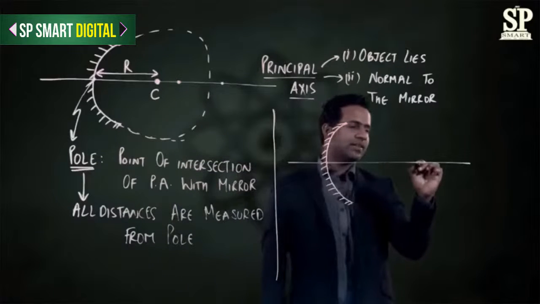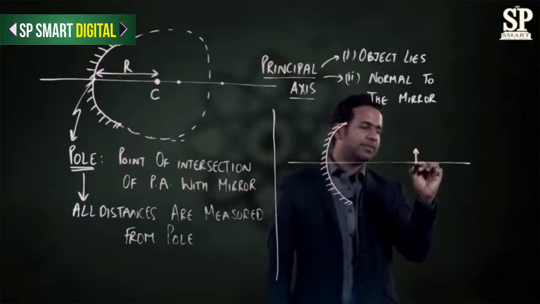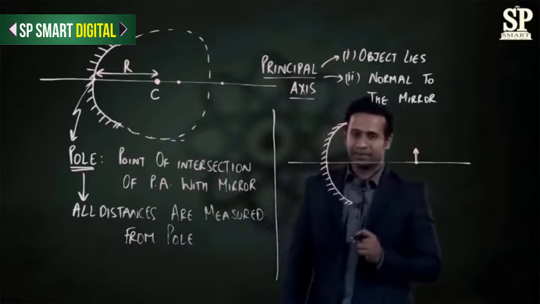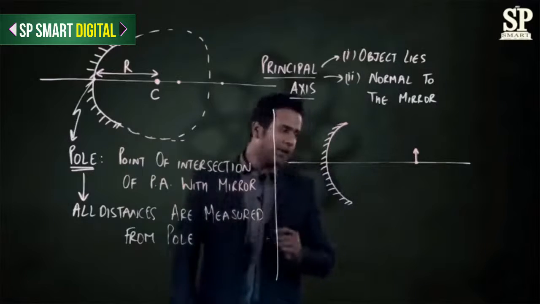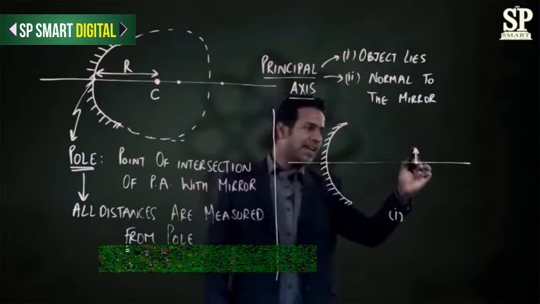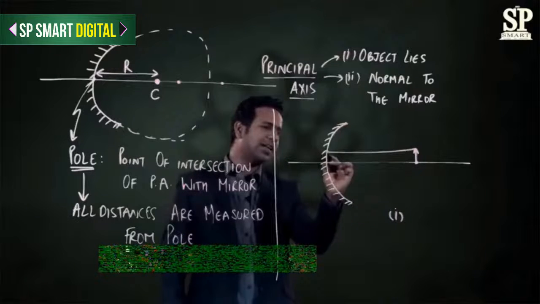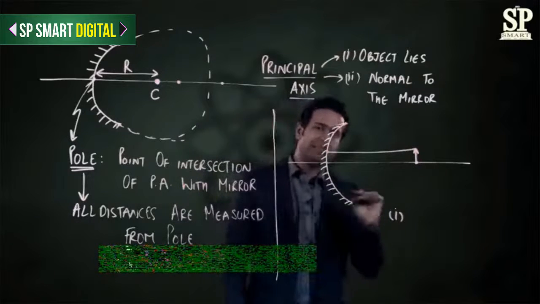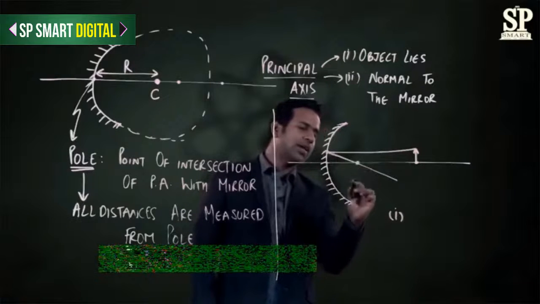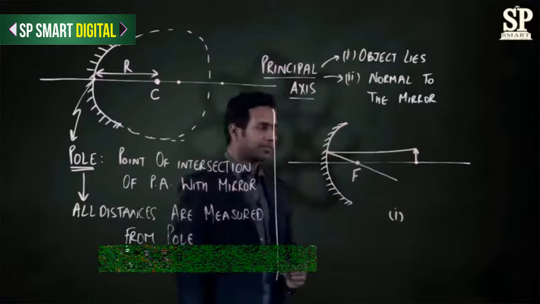let's represent the object by this arrow. So this is an object with some height. The first property of reflection is that any line which is parallel to the principal axis passes through a point which is called the focus.